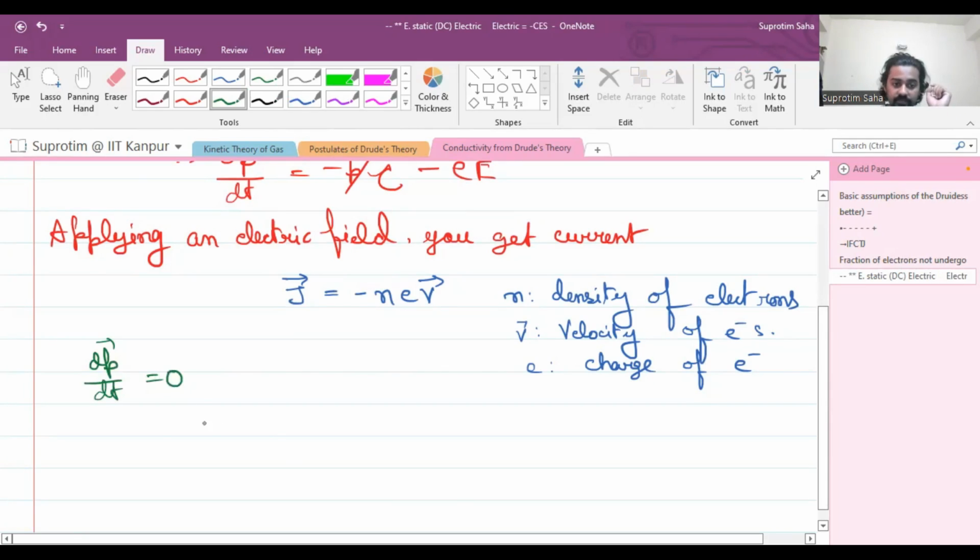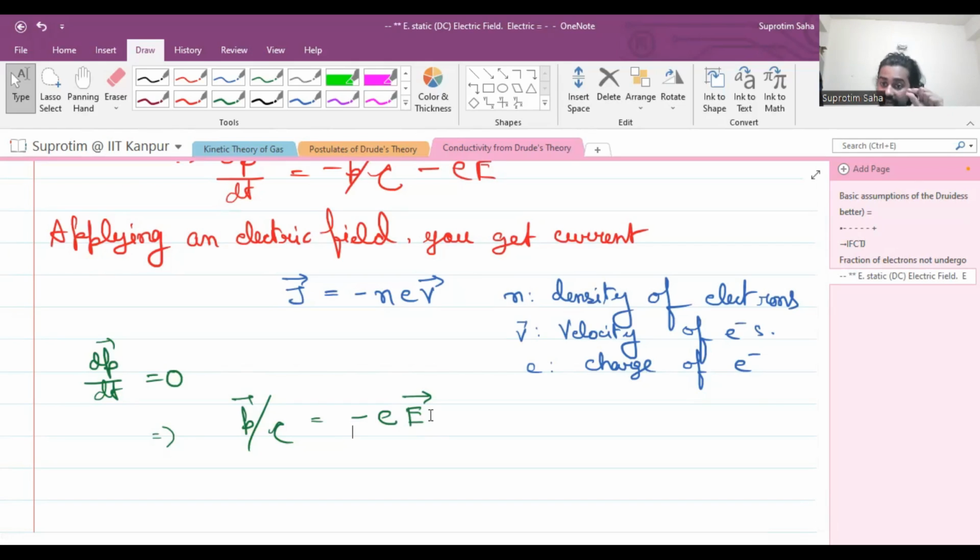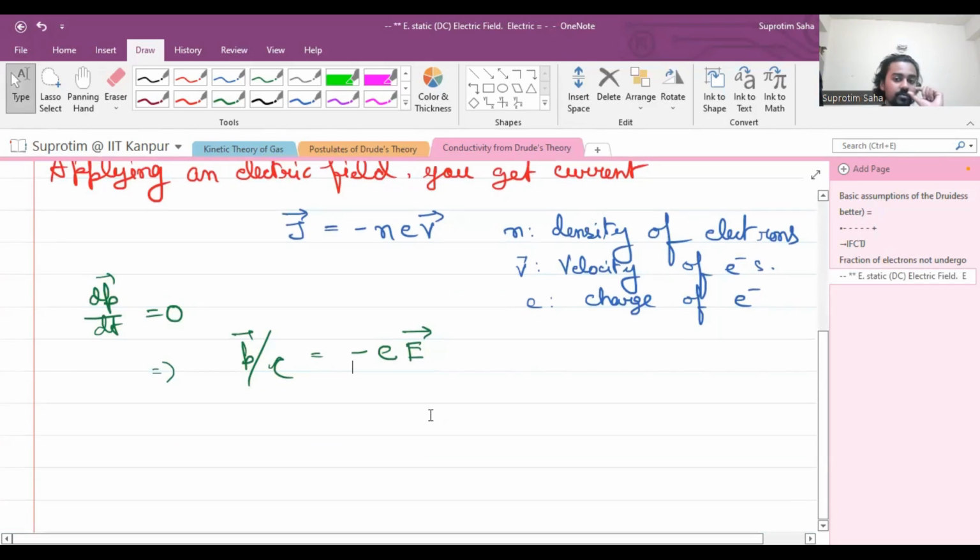All right. So now your p by tau is minus e times the electric field vector. So to get a constant velocity of the electrons, the drag term balances the force applied by the electric field. The drag term is there to balance the force applied by the electric field, and you get dp/dt is zero. That means the rate of change of momentum is zero.